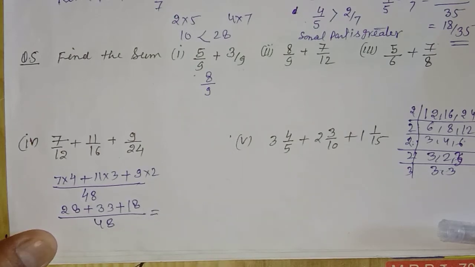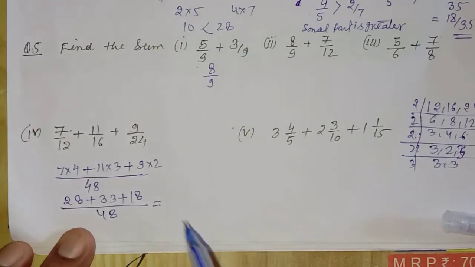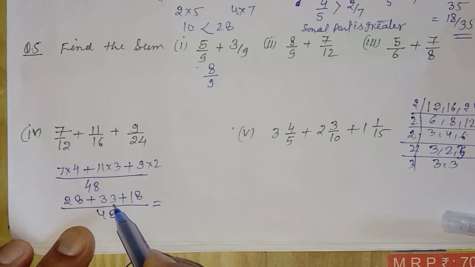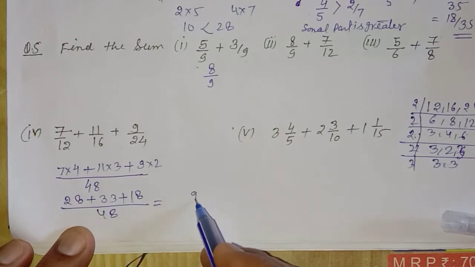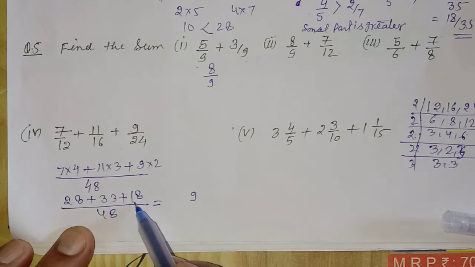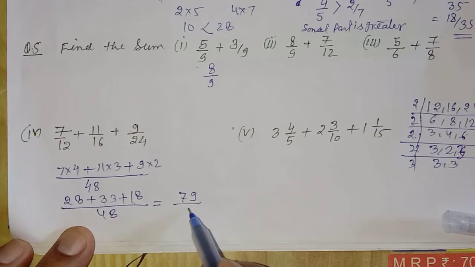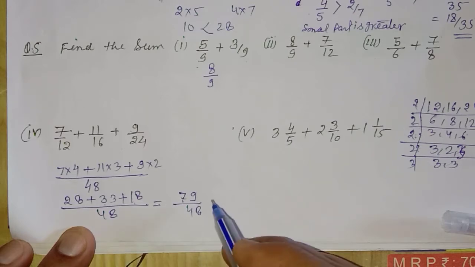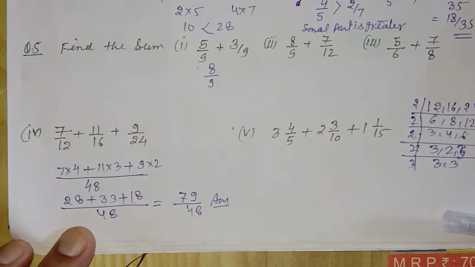So students, now add them. 8, 9, 10, 11, 19, 9 carry 1, 2, 3, 5, and 2, 7: 79/48. Okay students, so it is the answer.